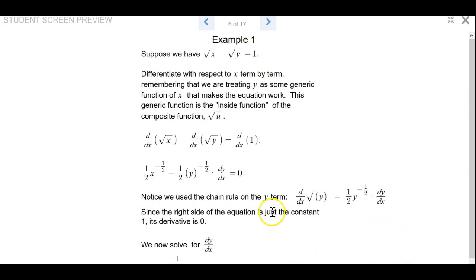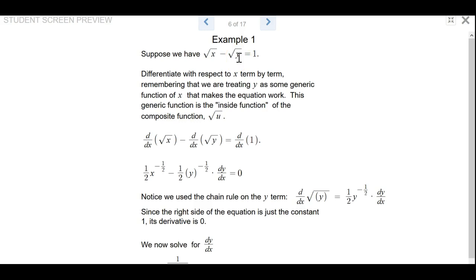So let's look at another example. This time I have the square root of x minus the square root of y equals 1. So I'm going to differentiate term by term. I differentiate this term as usual. It's 1/2 x to the minus 1/2. And then this term that includes y, I'm going to treat as a composite function and use the chain rule.